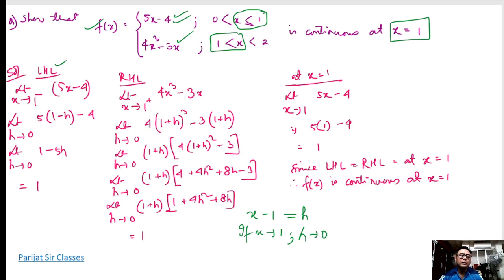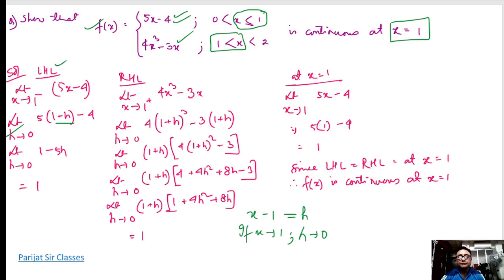If x tends to 1, h tends to 0. In place of x, I will put 1 minus h. We have taken 1 minus x as h.